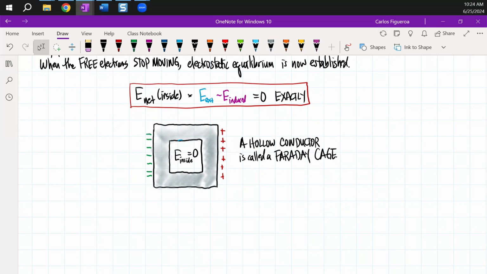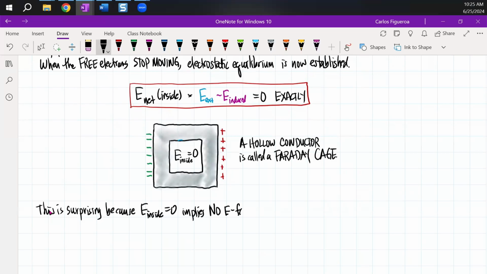I would say this is surprising because E inside equal to 0 implies no electrical force will be felt inside a hollow conductor.